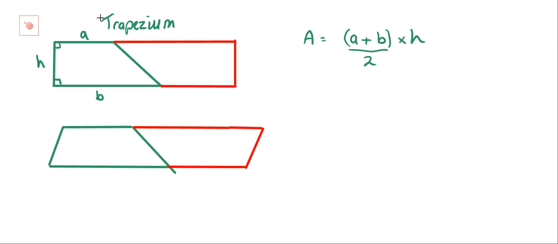Okay? And the dimensions therefore, this is where the A plus the B comes from, which a lot of you said. This would be B, but this would be A. So the base would be A plus B. Okay? So there's the base. And the height is the perpendicular height.